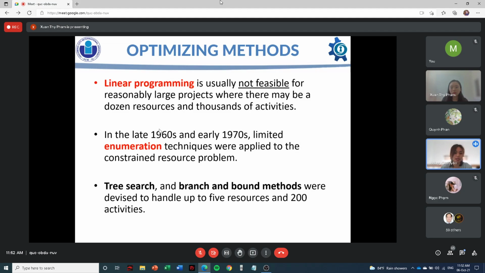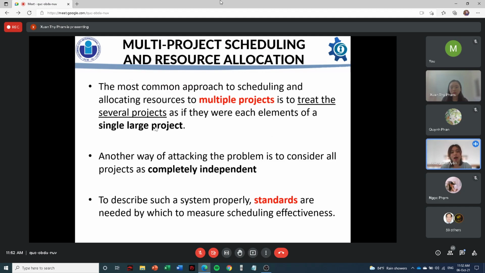In the late 1960s and early 1970s, limited enumeration techniques were applied to the constrained resource problem. Other optimizing methods are tree search and branch and bound methods, which were devised to handle up to 5 resources and 200 activities.